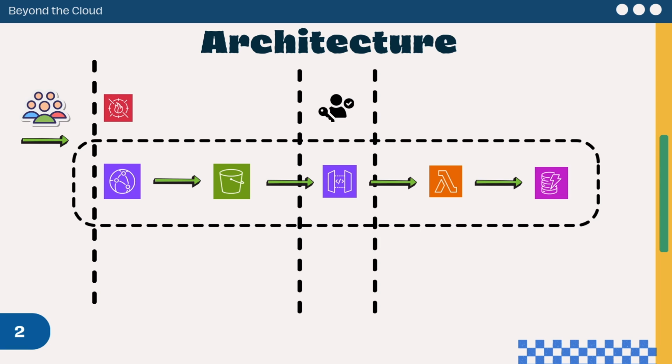But I will give you an overview of how you can do that. So let's start from the left. The user requests my website, and my website is hosted in an S3 bucket and distributed by CDN, a CloudFront distribution. The user will get a response from the CloudFront distribution, and they will see the website.